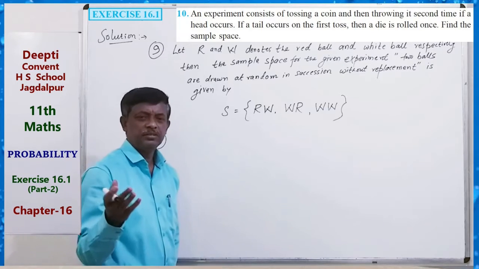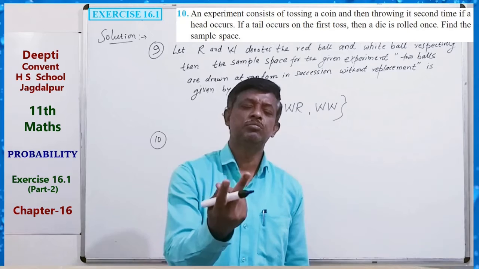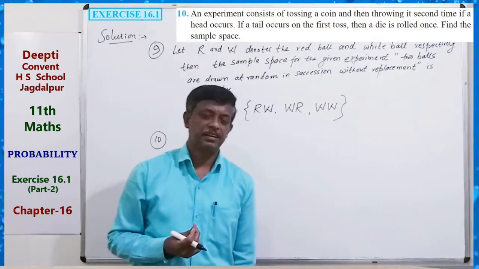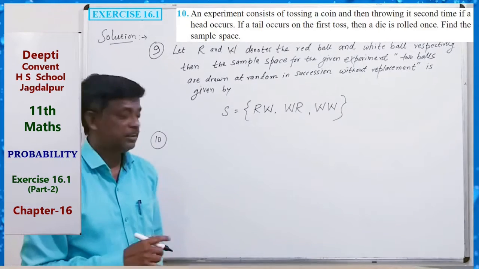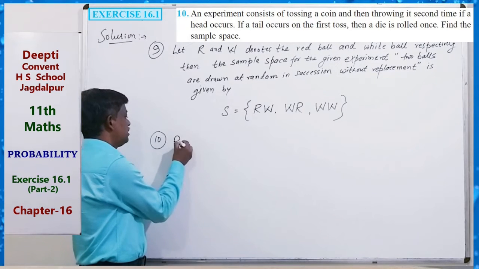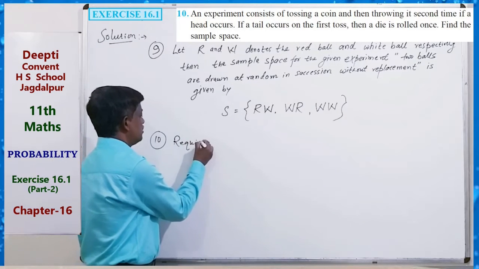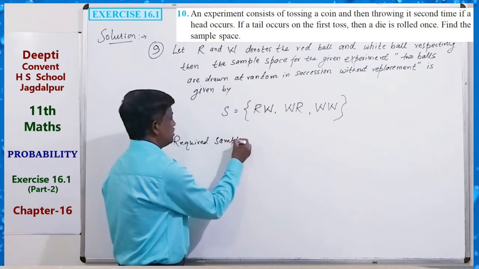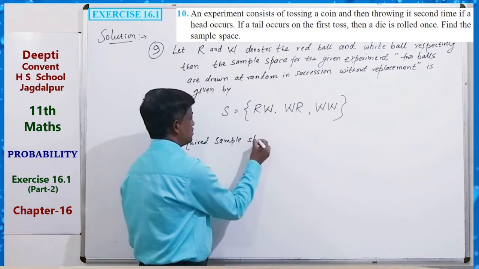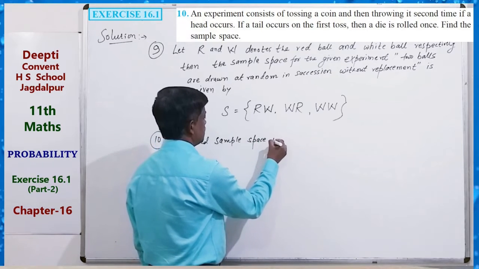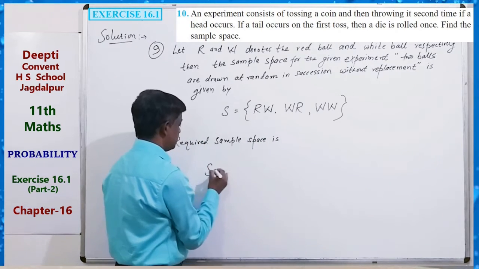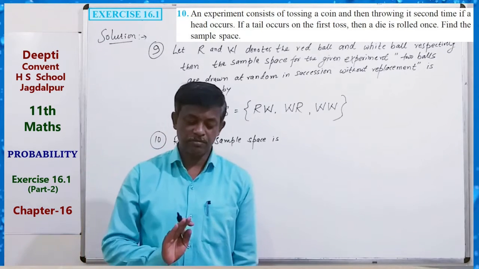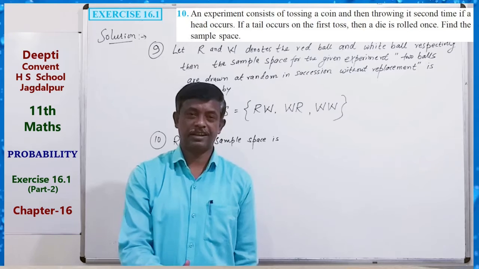We know tossing a coin has 2 possible outcomes, head and tail. Here we can write the required sample space. The first time we toss, we get head.